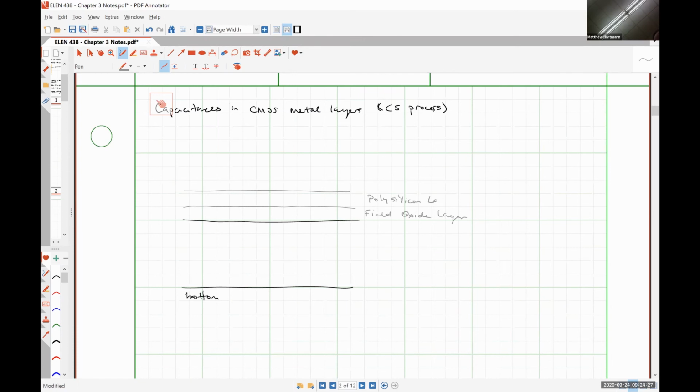polysilicon layer. And so in the polysilicon layer, we might have poly 1, which is what we use. Actually, let me draw it lower because it would be directly on top of the field oxide.